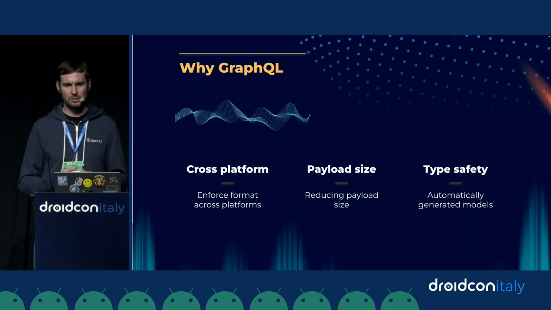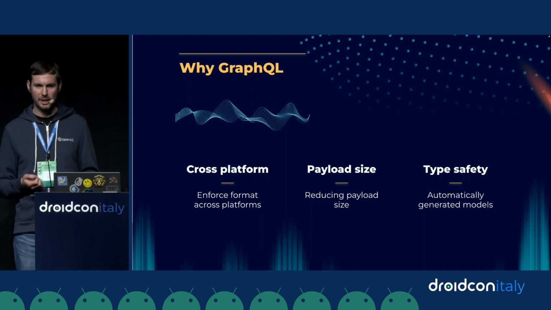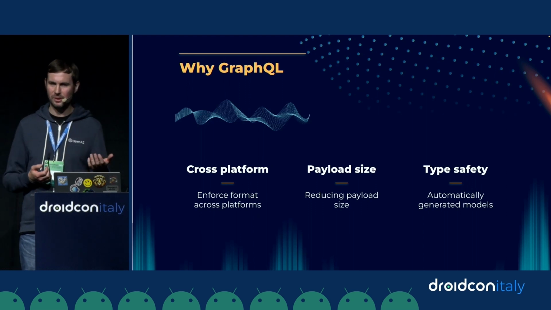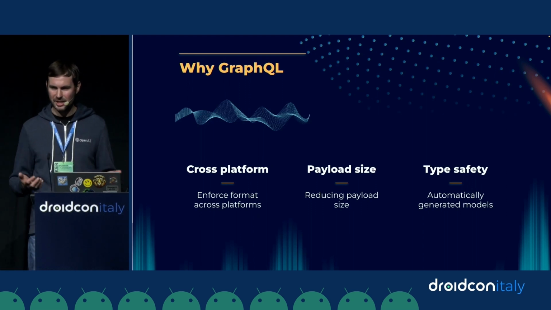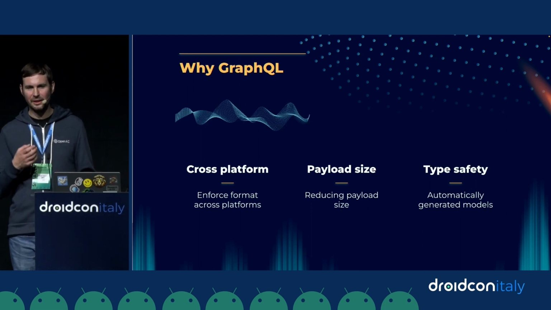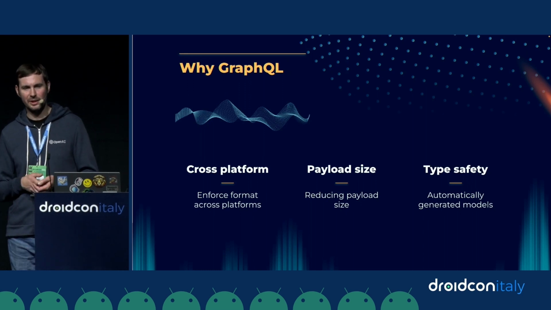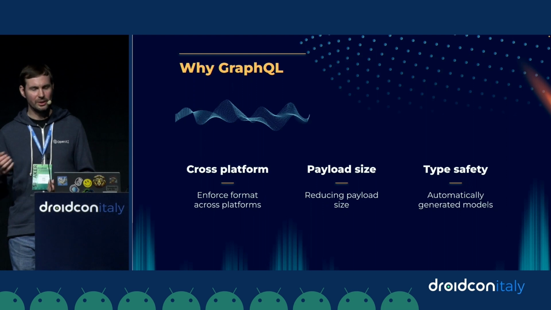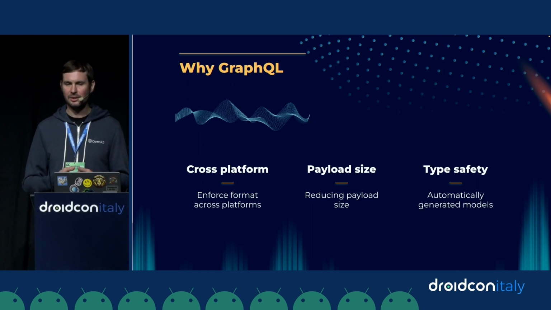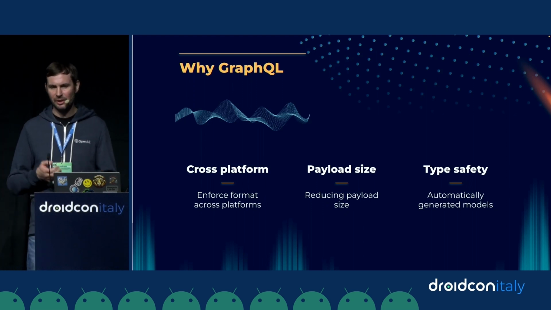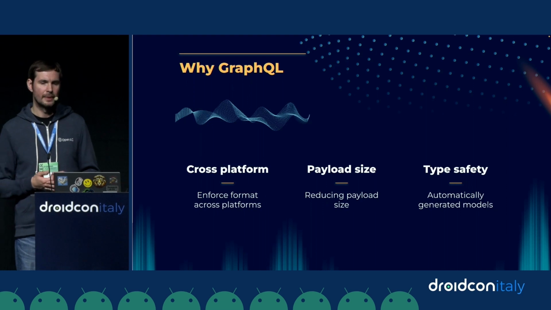GraphQL solves most of those problems. It also helps to reduce payload in some cases. For example, in GPT Store, previously we had a massive JSON just to show an icon and text in the list. And finally, it's letting us generate client models, domain models on the client automatically, so you don't need to worry about manually defining them.